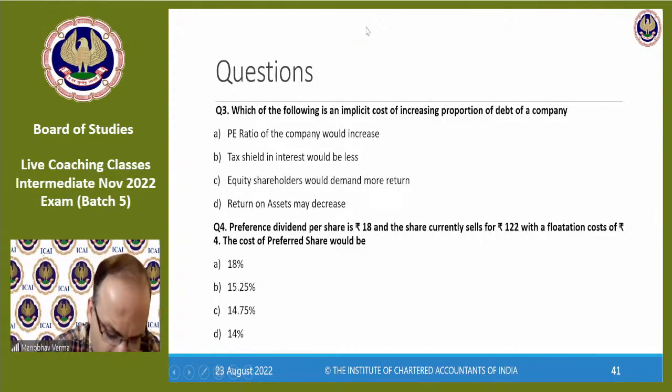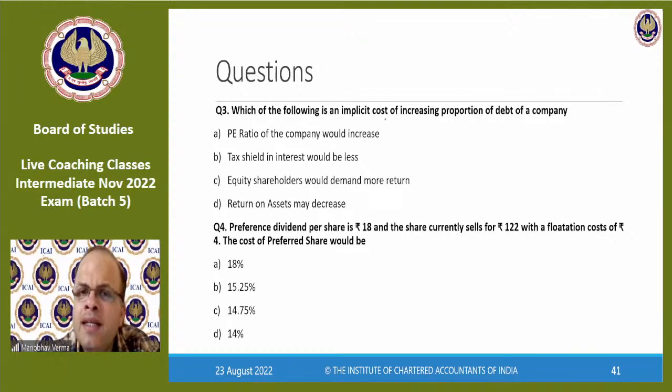So for question number 3, I can see different answers flowing in already. I can see A, B, and C. Let's talk about question number 3 first. Which of the following is an implicit cost of increasing proportion of debt of a company?